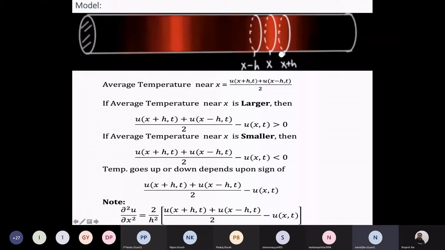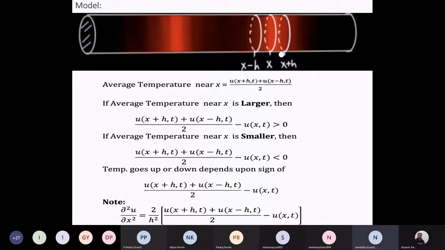So this is how del 2u by del x square, the second derivative, comes out. This is how our mathematics comes into the picture of heat transfer. Heat transfer is not only the physics I am looking at. Anything which moves from one place to another place can be modeled with the help of a differential equation or partial differential equation.